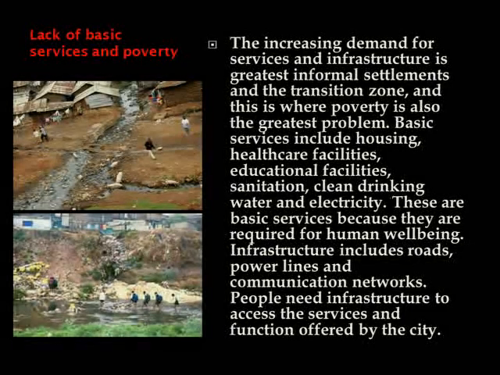These are basic services because they are required for human well-being. Infrastructure includes the roads, the power lines, the communication networks. People need infrastructure to have access to the services. Can you see that? That's problem number 2.